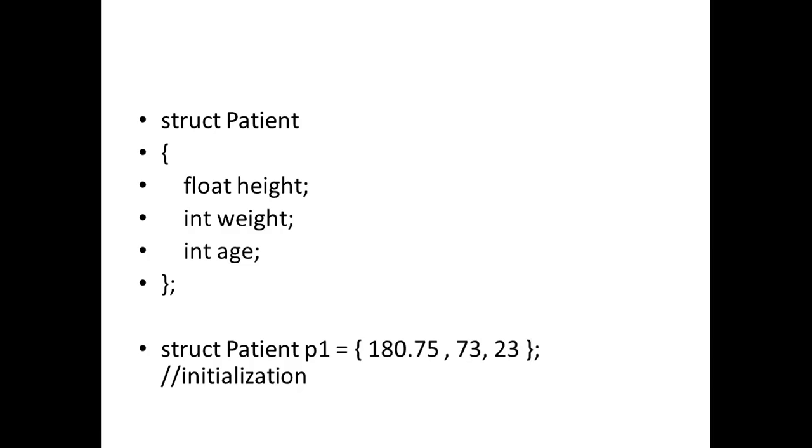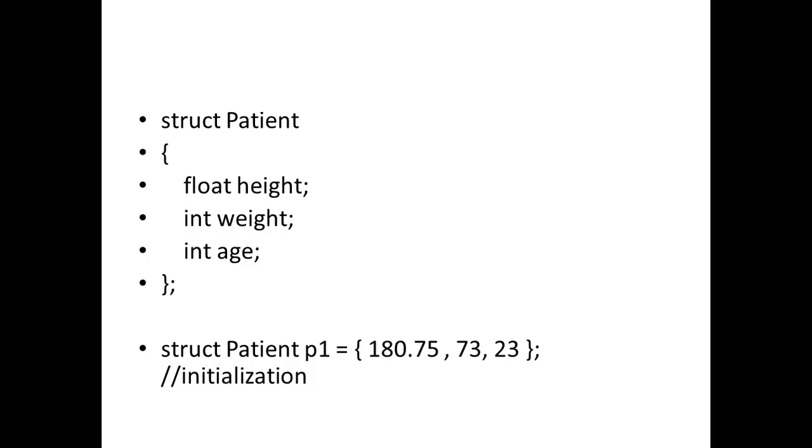Now I'm going to declare one structure patient variable as p1. I'm going to initialize this structure variable: struct patient p1 equal to the values here.